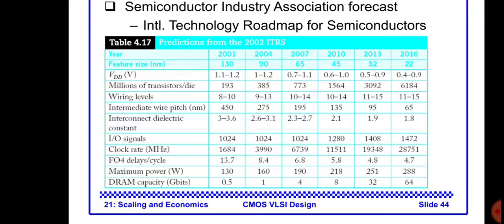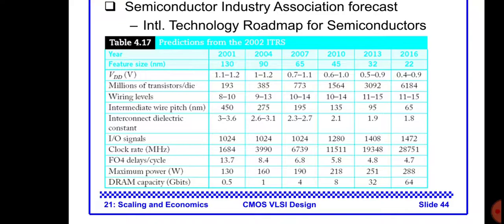Intermediate wire pitch in nanometers: 450 in 2001, 2004 275, in 2007 195, in 2010 135, in 2013 95, in 2016 65.